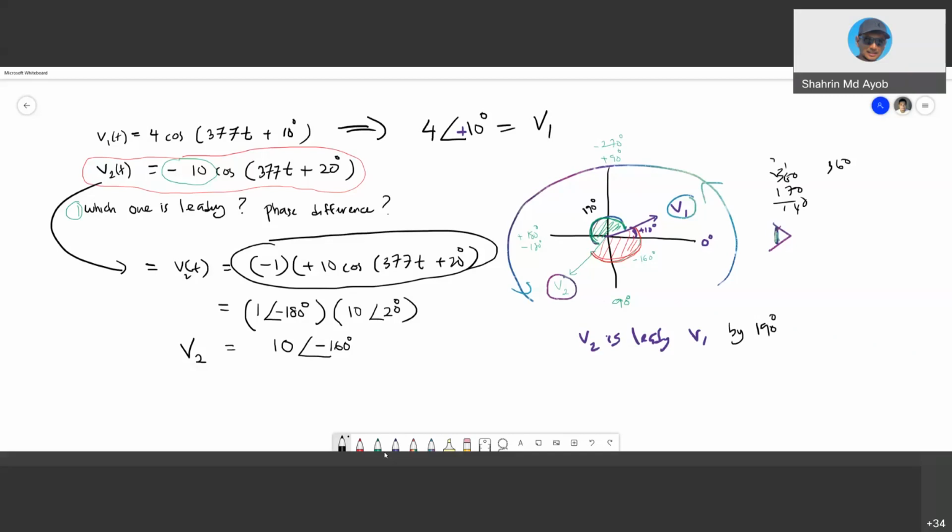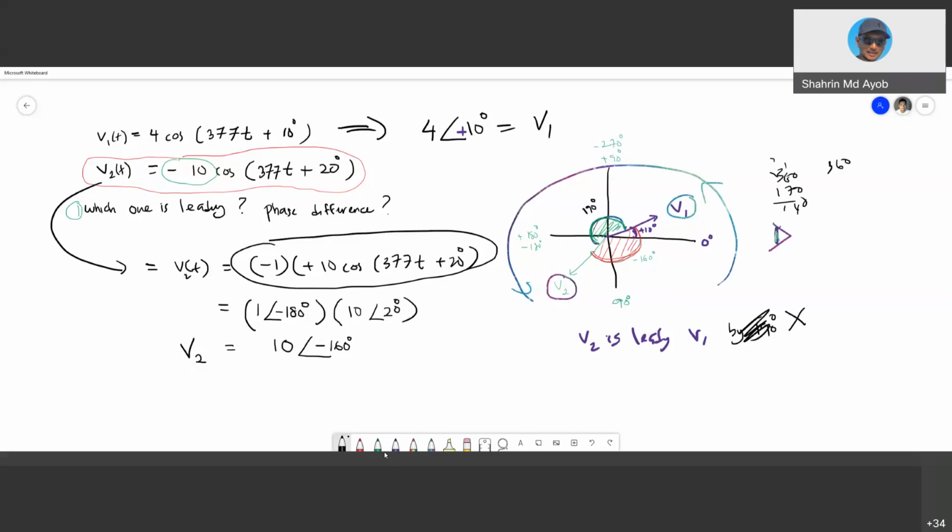Okay. So what I want to highlight is to see which one is leading. You should look at the smallest phase difference. If I say V2 is leading V1, but it is actually V1, then this is not correct.